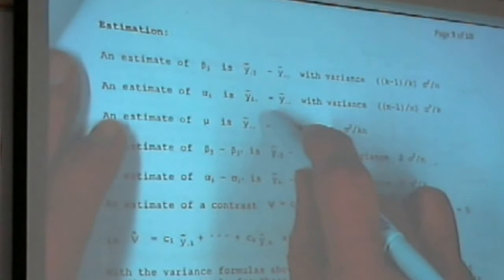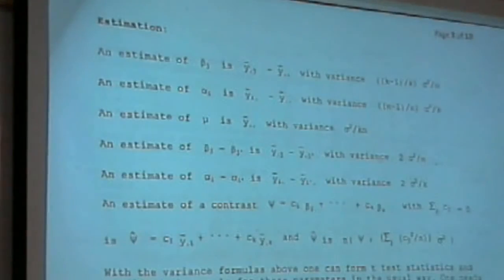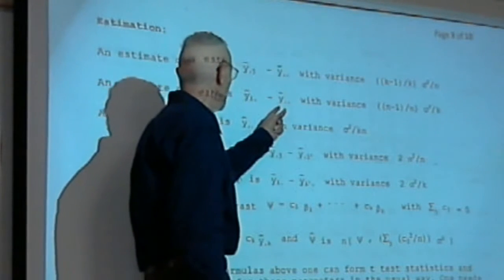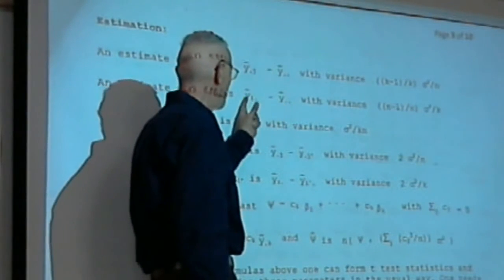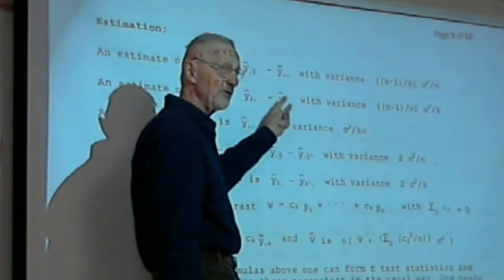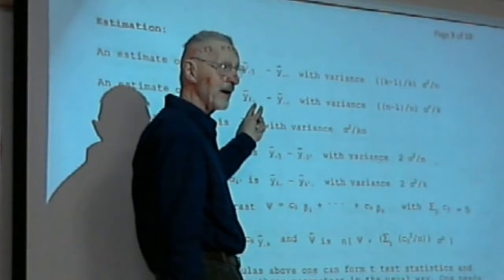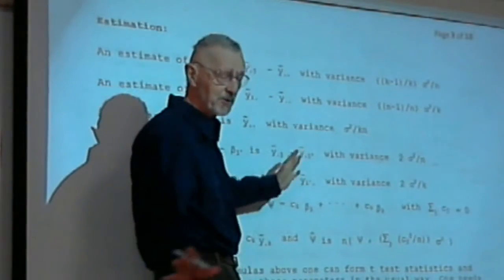Now we have to know what's the variance of this estimate. Now, I won't write it down here in front of you today in class, but it's the same proof that we just did. What I'm going to do basically is to say, this is a difference of two things. Now, I can't take the variance of this by just saying, take the sum of the two variances because these two variables are dependent. The y bar i dot is in the y bar double dot somewhere. So that doesn't work.